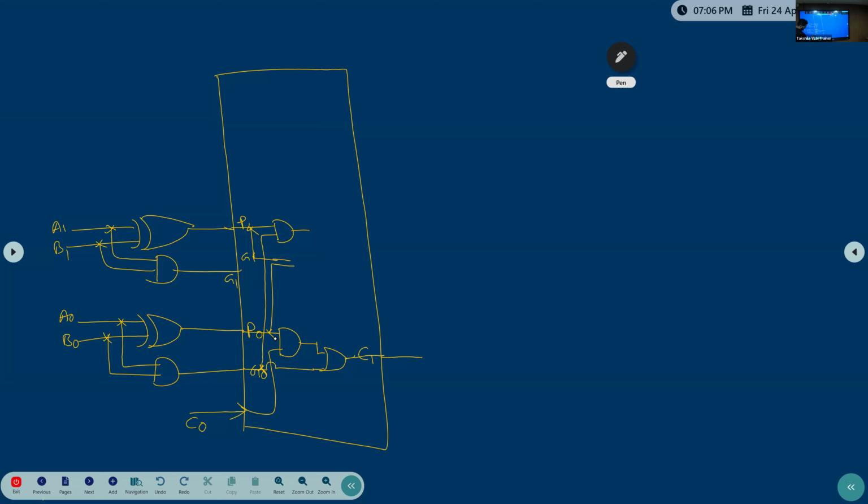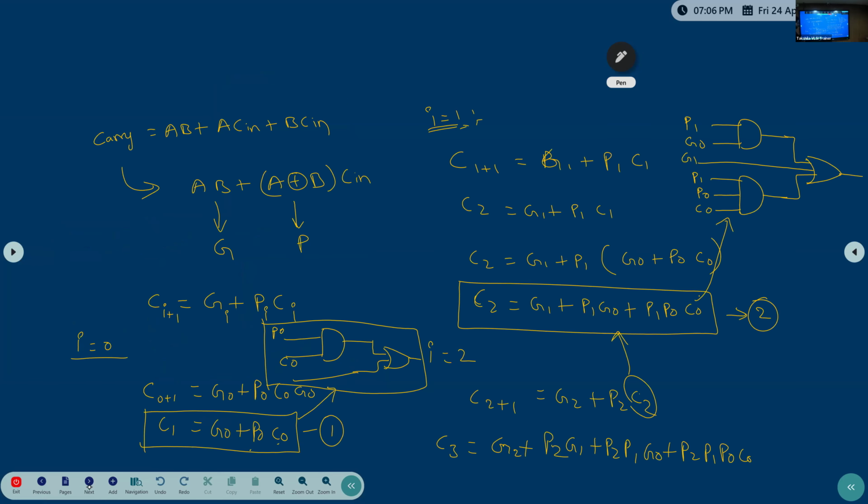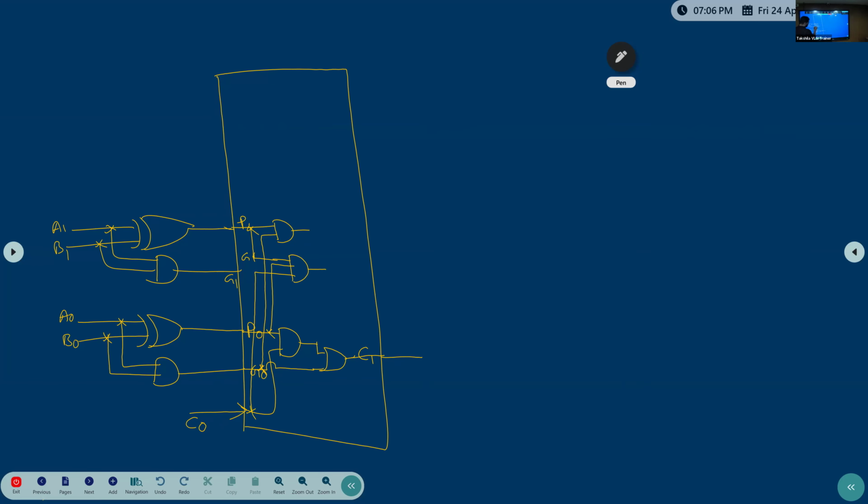C0, C0 is this one, right? Wherever C0 is there, the connection will be there only. This is one thing. Okay, next one. G1, this is G1 only, right? This is all together.